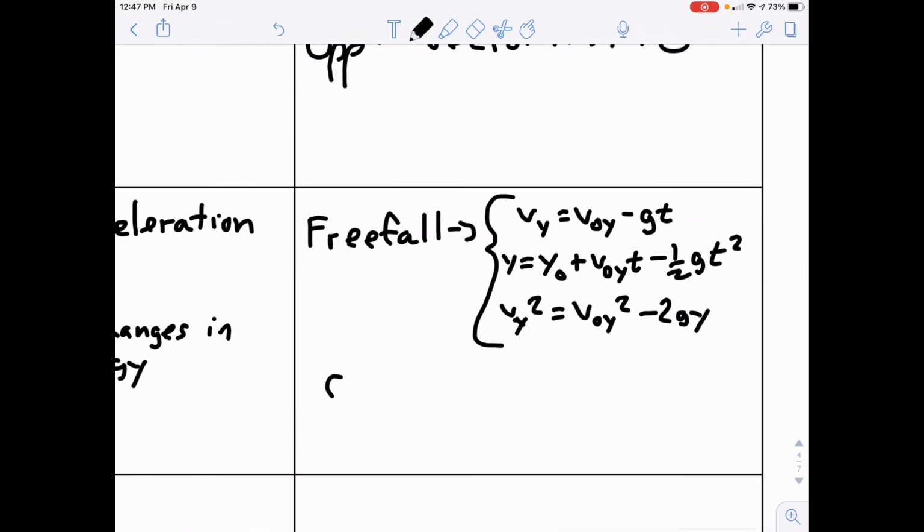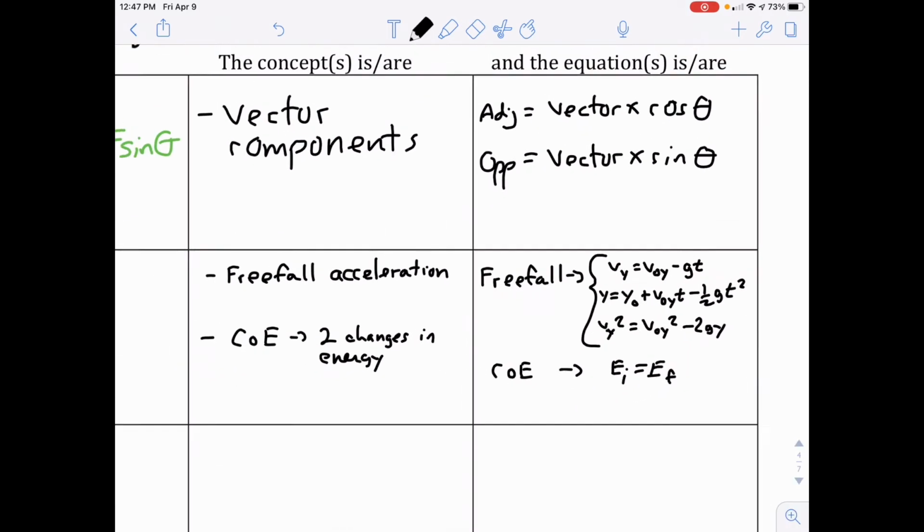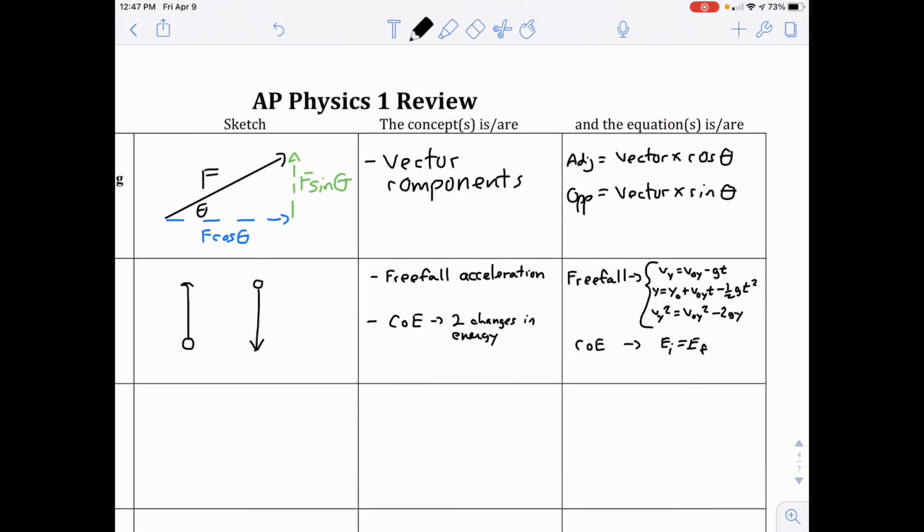If we're talking about conservation of energy being the concept, well, then it's simply energy initial equals energy final, relating your individual energies, whether they be kinetic energy and potential energy.